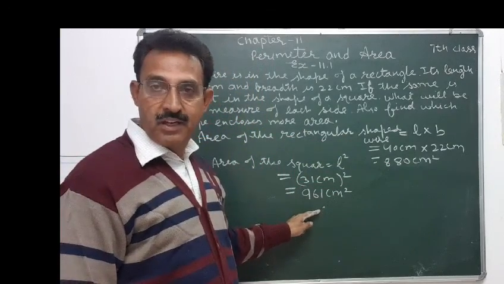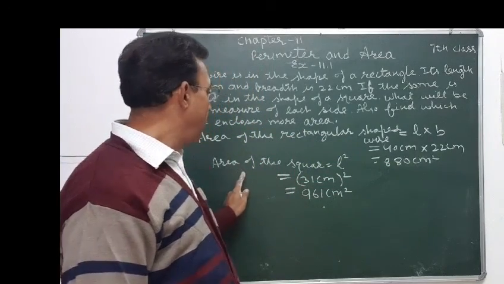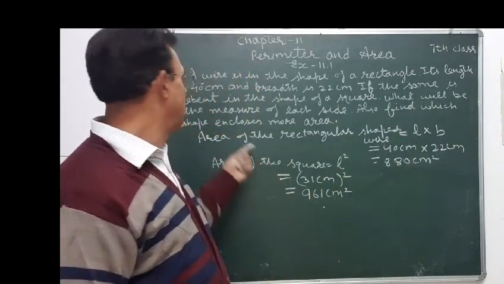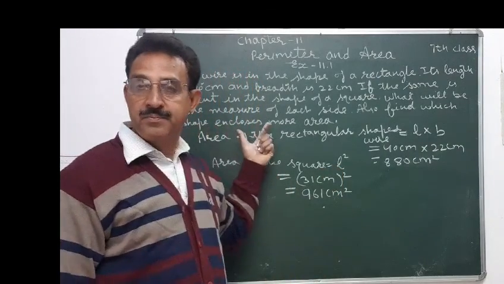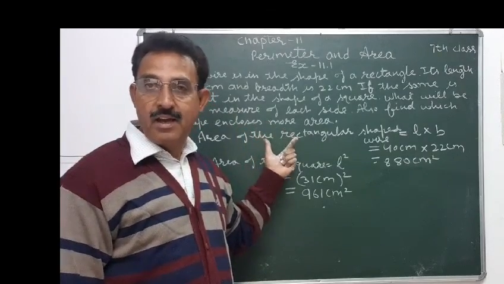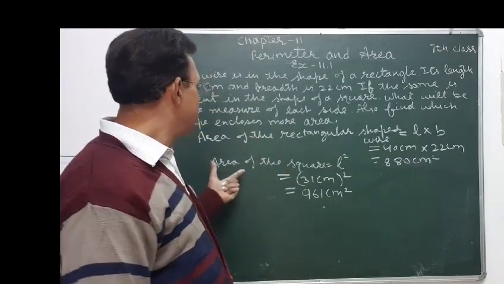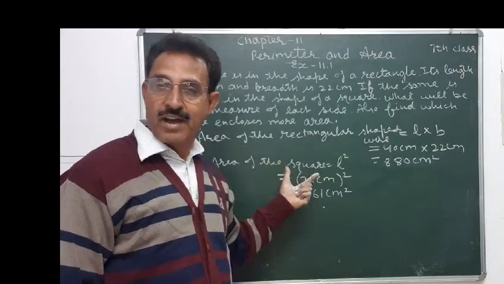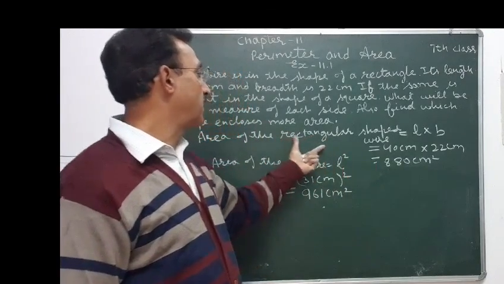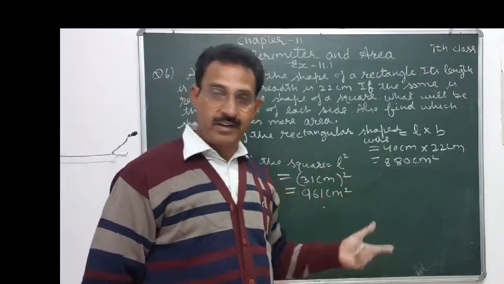So on comparing, we found that the area of a square shape encloses more area. So the area enclosed by a square wire is greater than the area enclosed by the rectangular shaped wire.